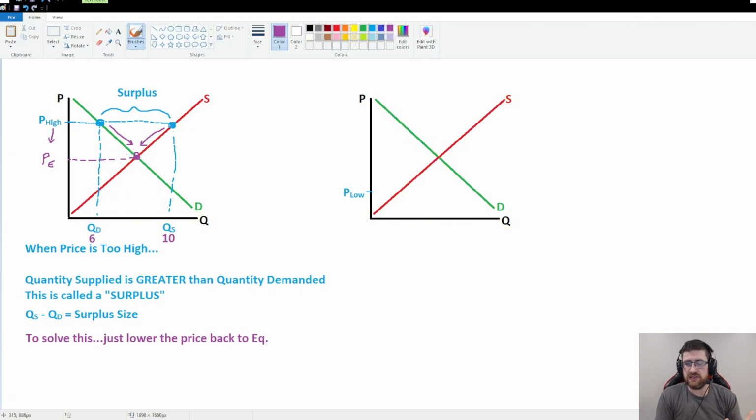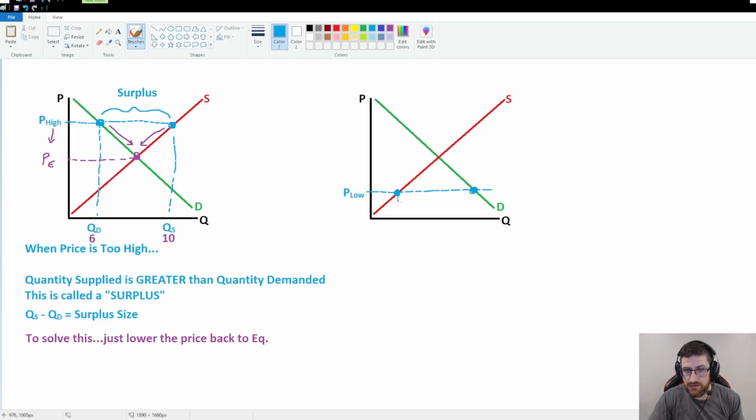Well, are we going to do it perfectly? Not necessarily. So what could happen is, well, what if we went too low? And that leads us to our next problem. All right. If we overshoot things and all of a sudden the price is too low, we get the exact opposite issue, which is I'm going to hit supply first this time and then demand.